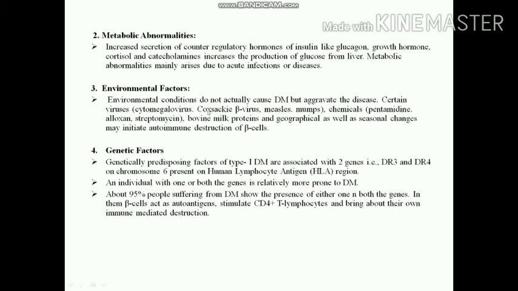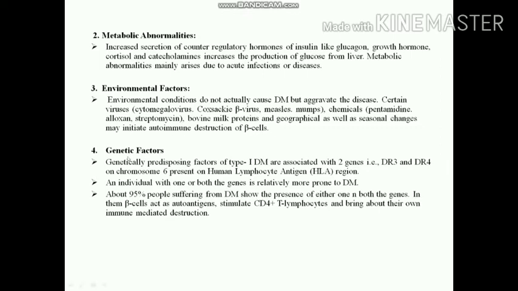Number 3 is environmental factors. Environmental conditions do not actually cause DM but aggravate the disease. Certain viruses like cytomegalovirus, coxsackie B virus, and measles, mumps, chemicals like pentamidine, alloxan, streptozotocin, bovine milk protein, and geographical as well as seasonal changes may initiate the autoimmune destruction of beta cells.